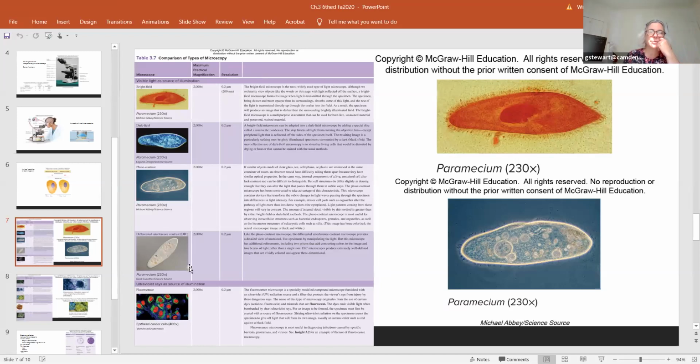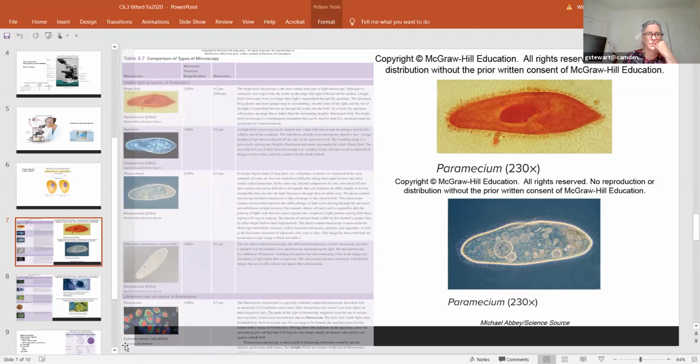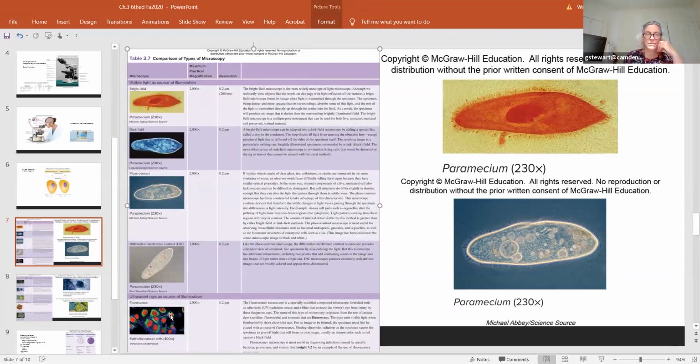We're going to skip differential interference because it's not used very often. And we're going to jump down here to fluorescent microscopy. I'm going to see if I can make that picture a little bigger. Fluorescent microscopy is basically a compound microscope, usually a phase contrast microscope.